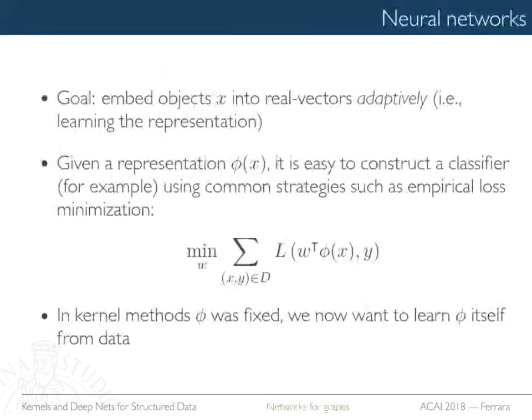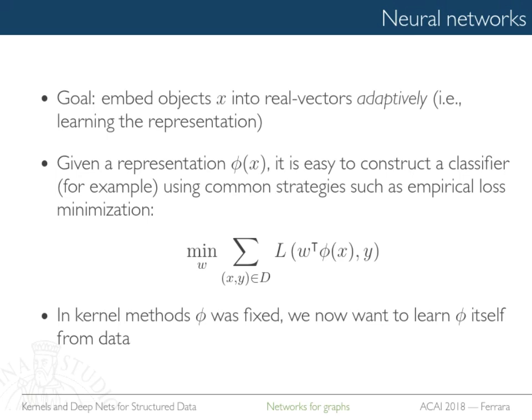All right. Neural networks. Now the idea is that this vector phi, you want to learn how to get it from the data. It's not predefined anymore. You want to learn the representation. Once you do this, again, you can plug it into a predictor and do some loss minimization, or regularized loss minimization, to fit the weights.